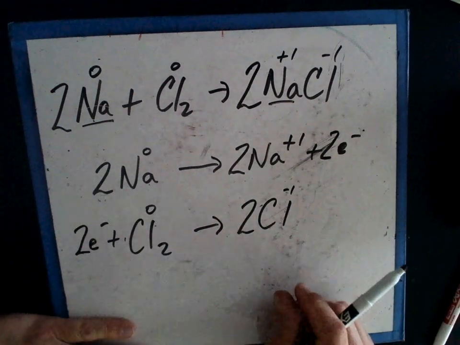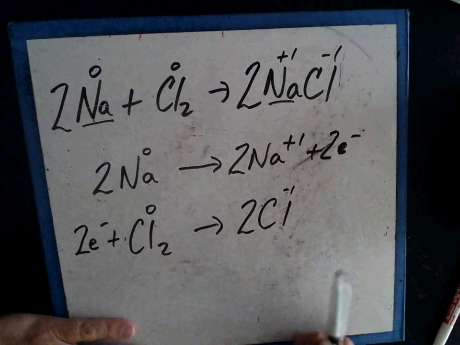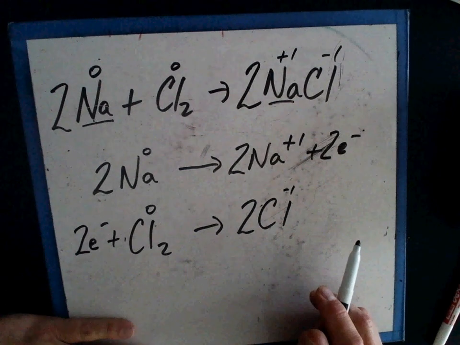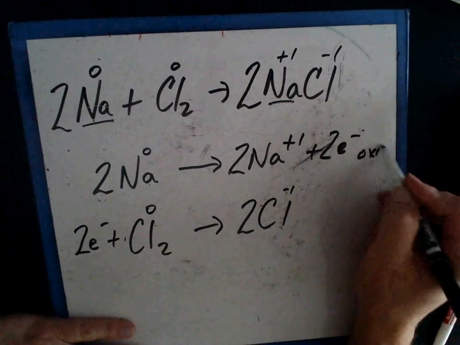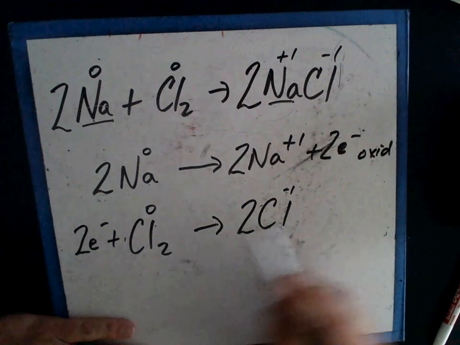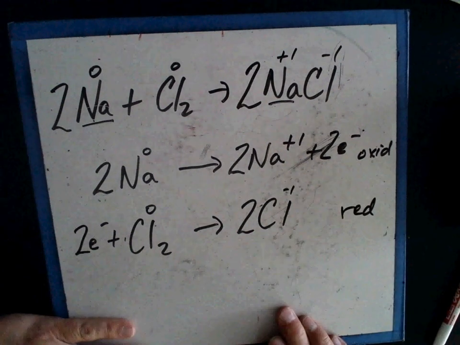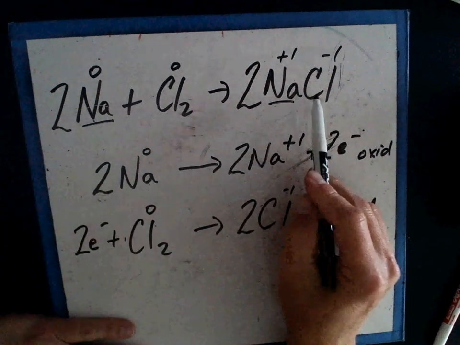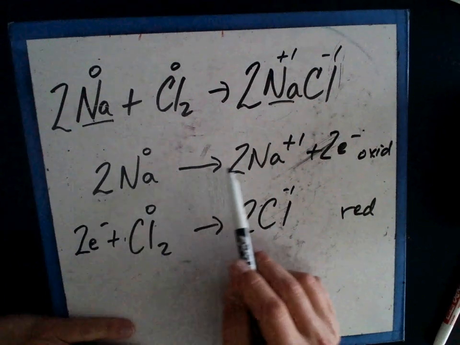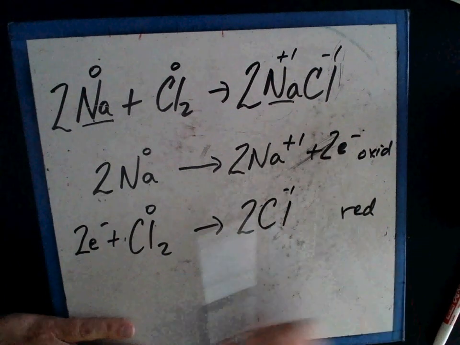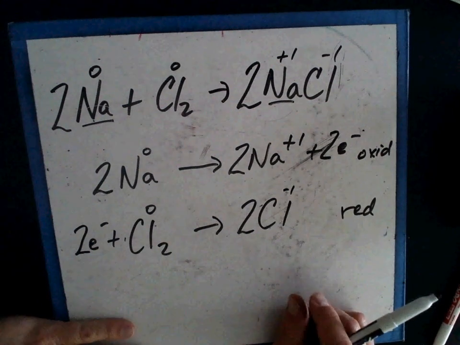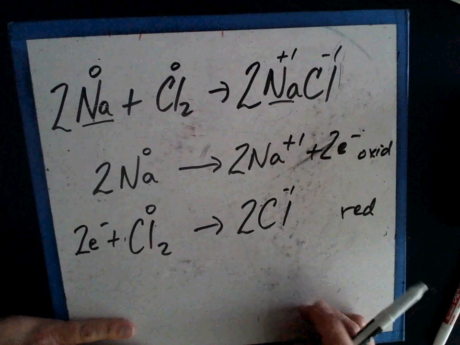Now what I want to know is half reaction, half reaction. Is this oxidation or reduction? Oil rig. Oxidation is losing. So this is my oxidation. Reduction is gaining. So this is my reduction. So the big skill is being able to take the reaction, break it into its 2 half reactions, balance the half reaction within itself, and then figure out who's oxidized and who's reduced.